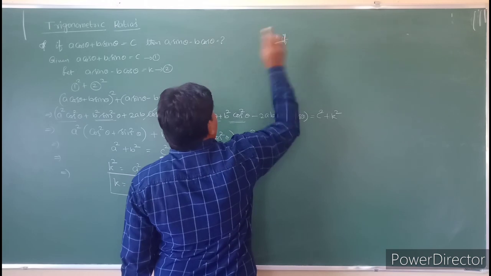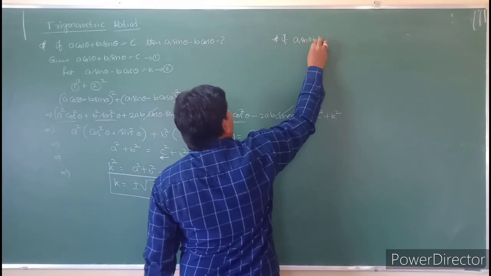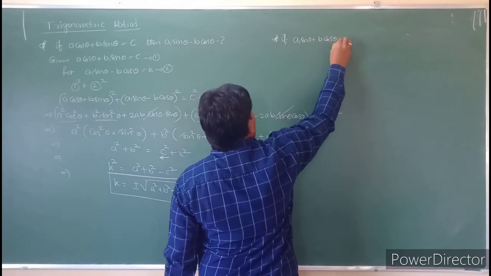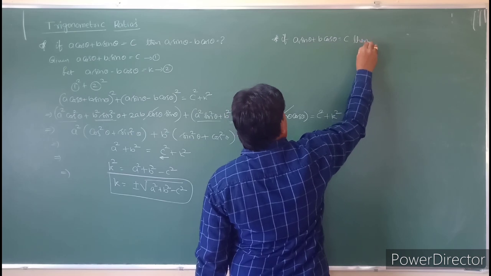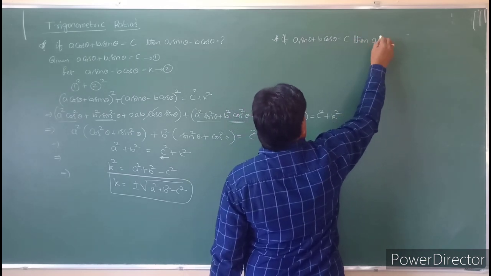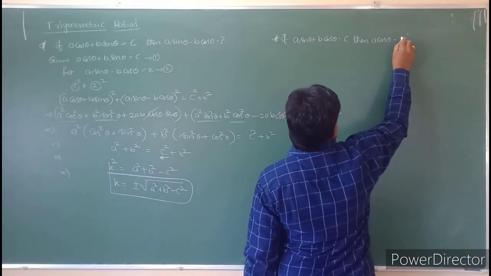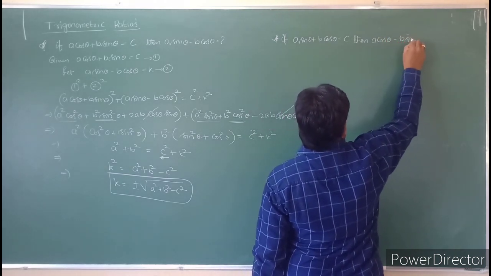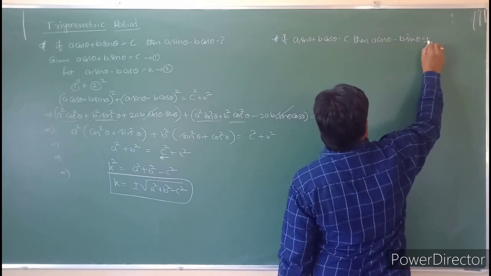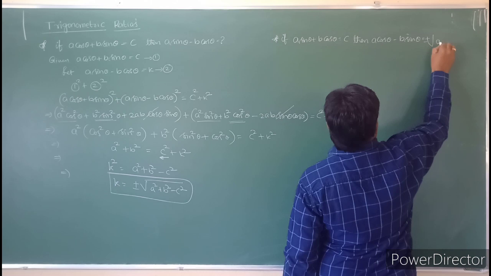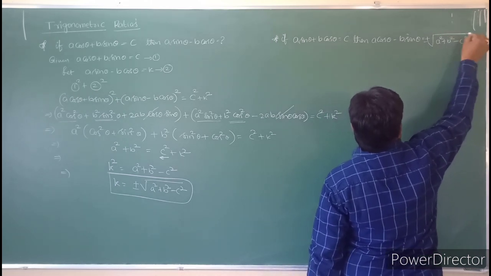If A sin theta plus B cos theta is equal to C, then A cos theta minus B sin theta will become the same formula, plus or minus square root of A square plus B square minus C square.